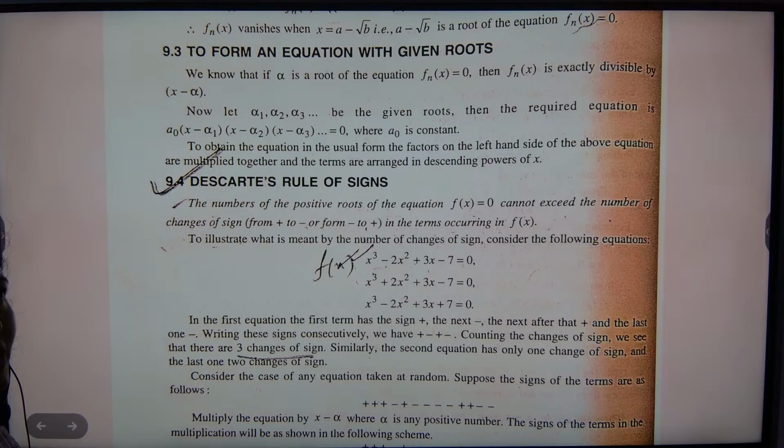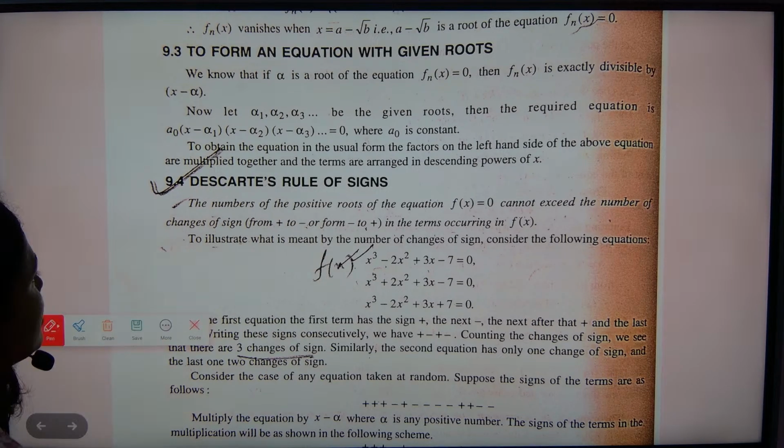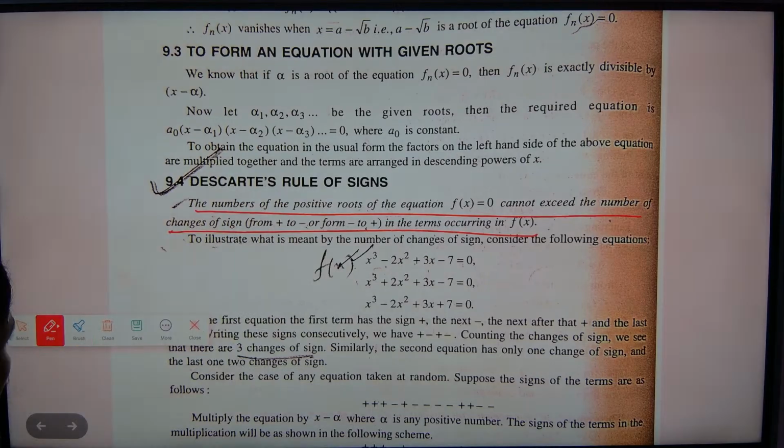The number of positive roots of this equation f(x) cannot exceed the number of changes in sign from plus to minus or minus to plus. Remember this line.